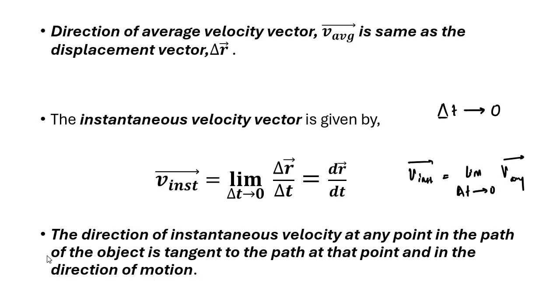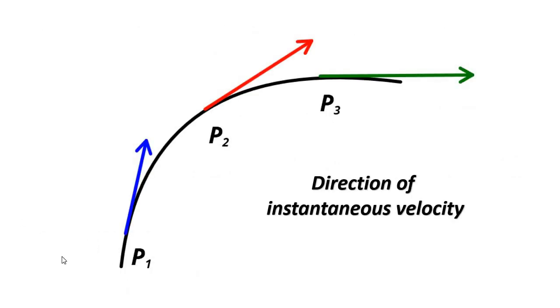Here, for the direction of instantaneous velocity, let's say we have taken the same curved path between the initial point and the final point. The direction of the instantaneous velocity at any given point is always tangential to the path at that particular point and is always directed in the direction of motion.